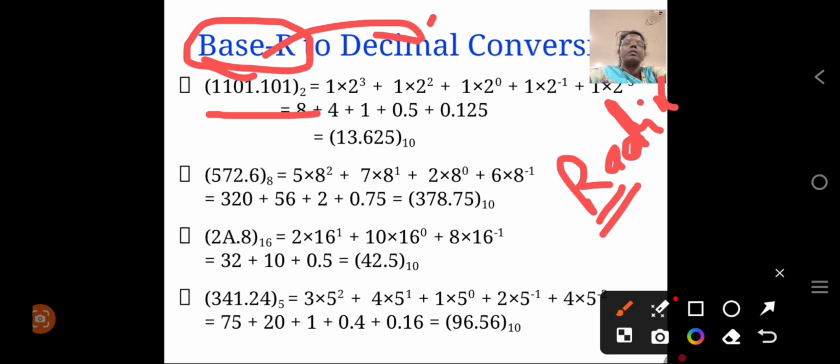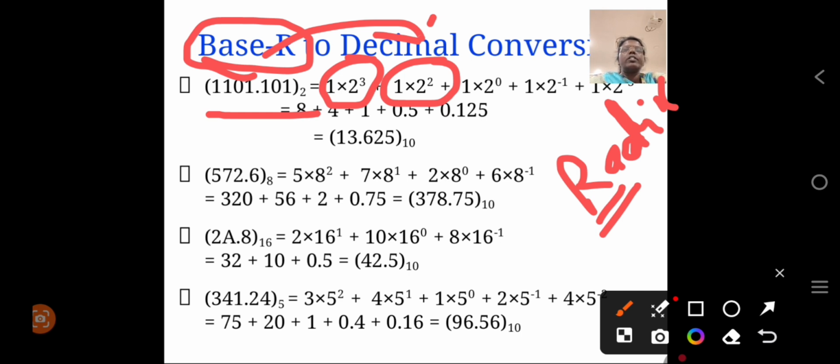So this 1 must be multiplied with 2 power 3 to find the individual weightage of that bit position. The next bit is 1, with place value 2, so that is multiplied with 2 power 2. Then the bit is 0, with place value 1, so 0 must be multiplied with 2 power 1. If you multiply 0 with anything, that will be 0 only, so that part is removed here.